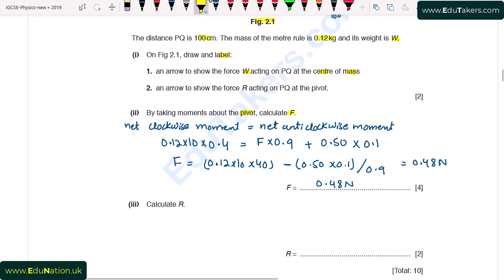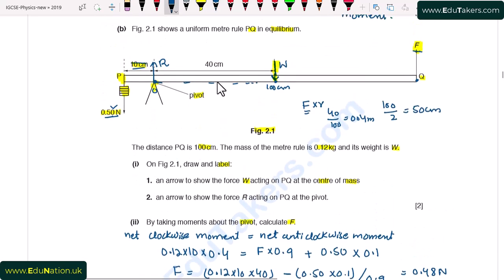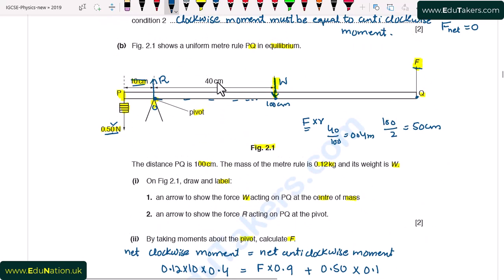Part 3, calculate R. So we also have to calculate the value of R. R is actually the force that is acting at the pivot point. So we can calculate this value by assuming that the net upward forces will be equal to the net downward forces.